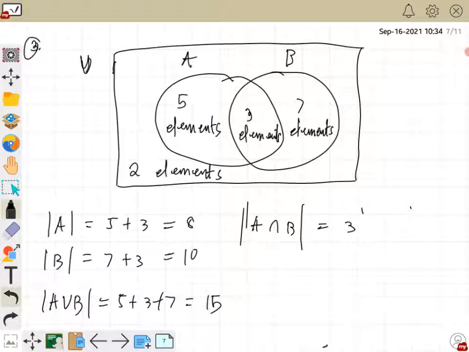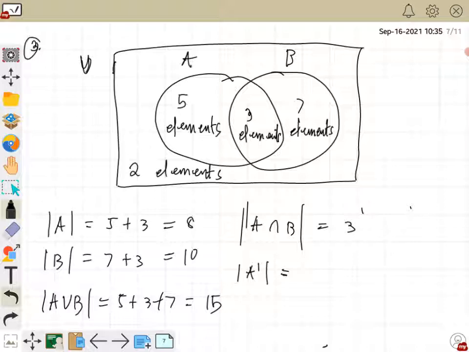How about if we have A complement? A complement means how many elements are there in the universal set which are outside A. It's an element of the universal set, but it's outside of A. So what are those outside of the A circle?